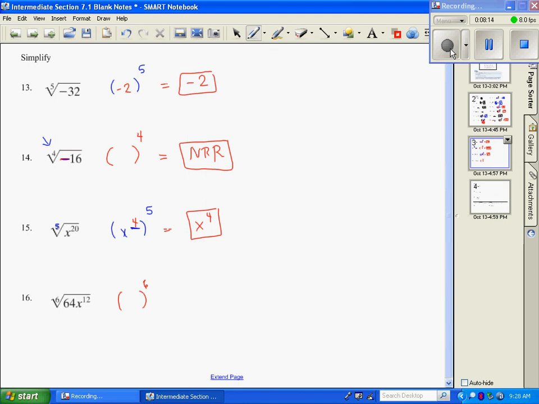That one's going to be 2. 2 to the 6th power, 64. And I also need to do that same thing with my variable. Remember my exponent has to be a 6, so it's x to the what's going to give me 12. So this and this to the 6th power gives me 64x to the 12th.